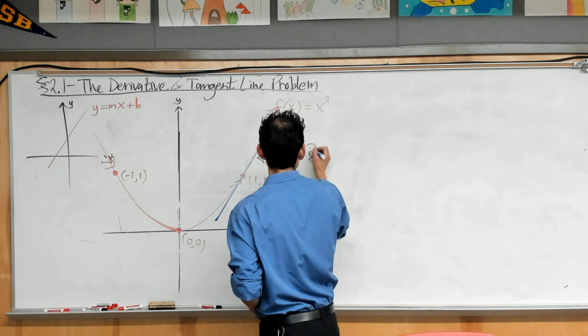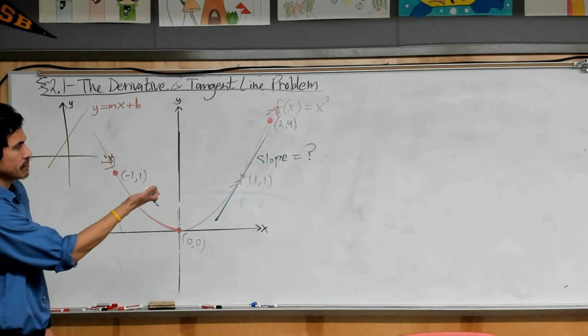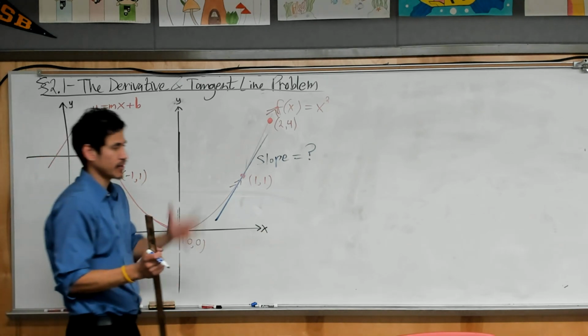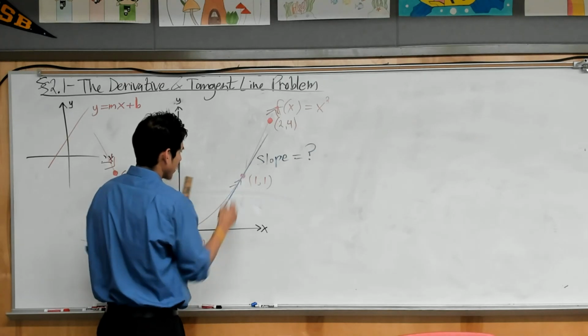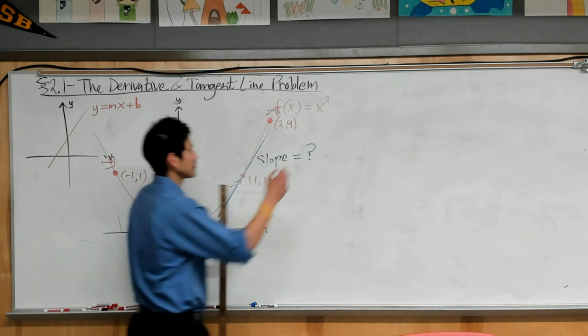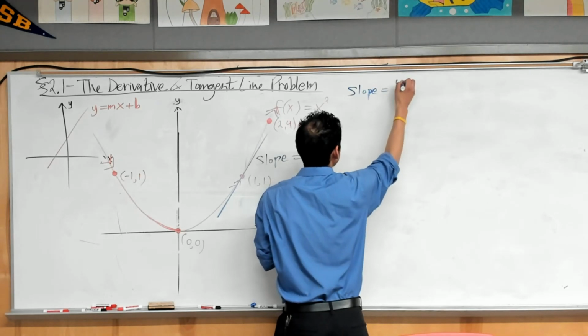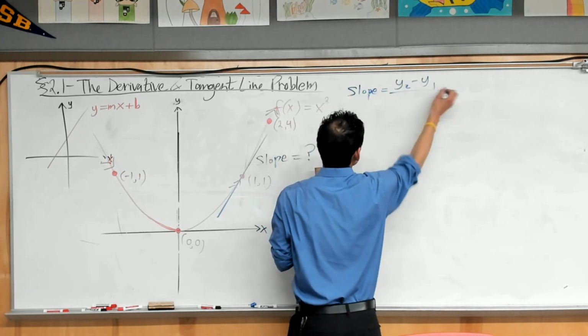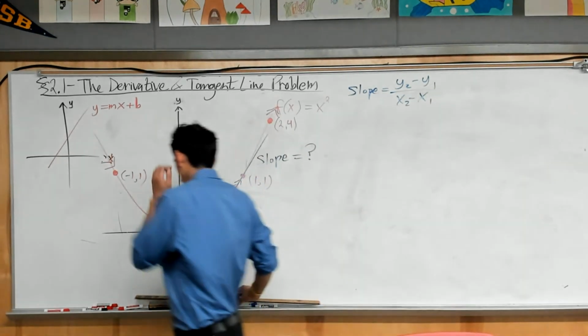Because we can't really be sure, we're just making a guess. And since we have one point, how are you going to find the calculated slope? Remember, slope equals the difference between the y coordinates over the difference in the x coordinates, right? So we're stuck when we have just one point.